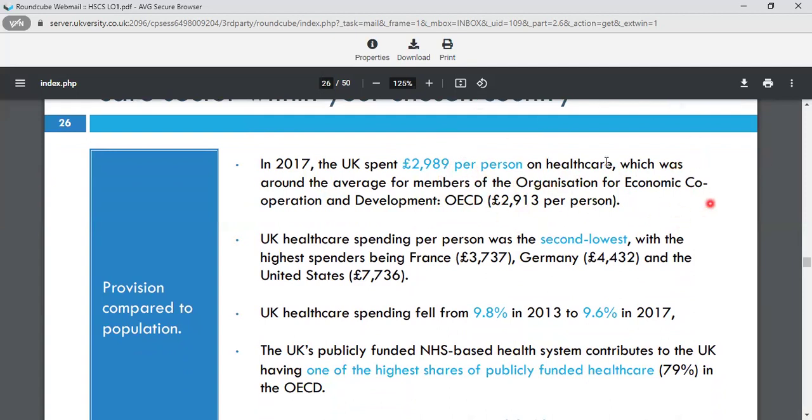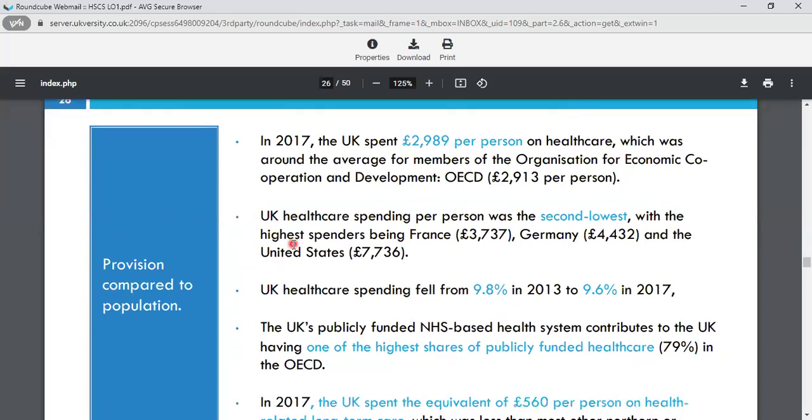So the members of the OECD, the amount that they had for themselves per person, the UK spent per person on their healthcare, which is huge. And then UK healthcare spending per person was the second lowest, with the highest spenders being France, Germany, and the United States.